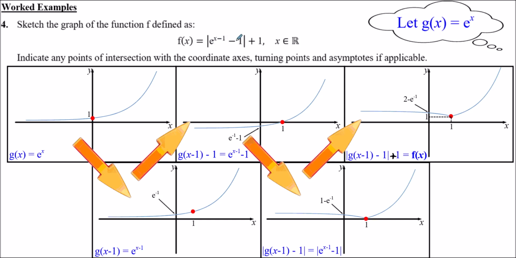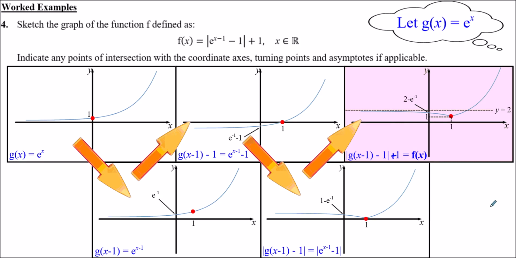The mod of 0 minus 1 is 1, plus 1 is 2. So this will approach 2 from below. So the asymptote for this one is going to be at the line y equals 2, like so. So this is our completed and final transformed function. This is now f of x.